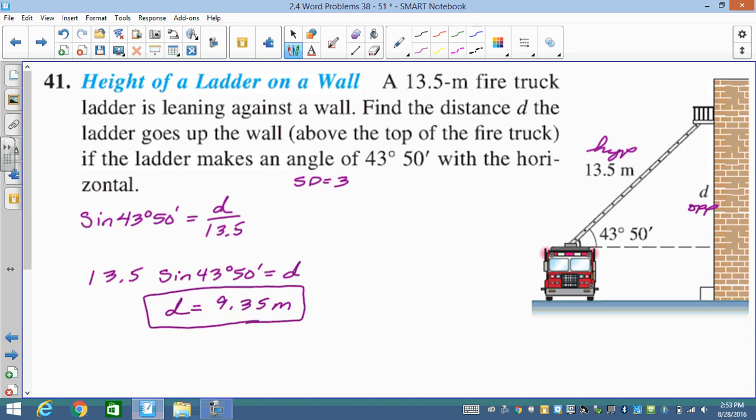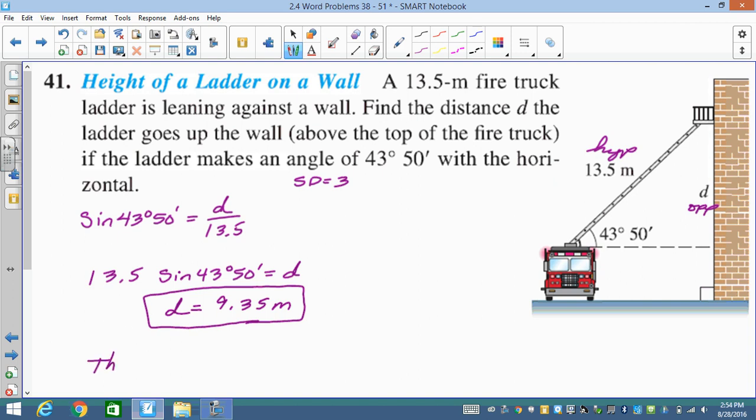And there's your answer. So from the fire truck on up is 9.35 meters. We don't know this part. Word problem deserves word answers. So find the distance D the ladder goes up the wall.